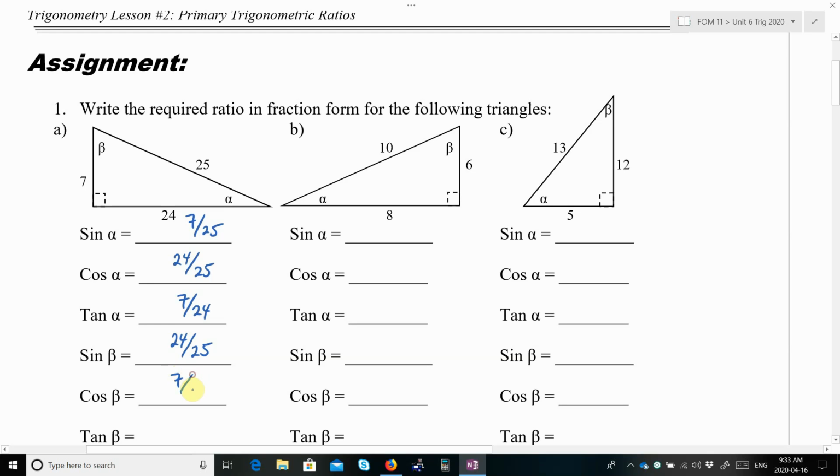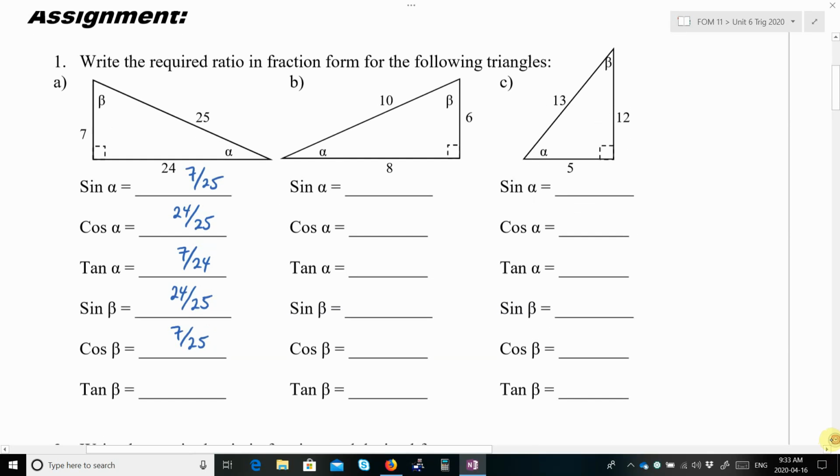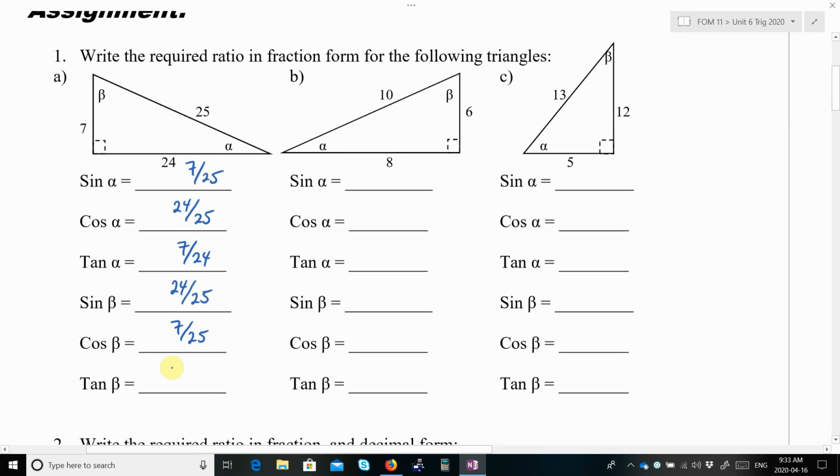Cos beta is 7 over 25, and tan beta is 24 over 7. And letter B here, sine alpha is 6 over 10, cos alpha is 8 over 10, tan alpha is 6 over 8, sine beta is 8 over 10, cos beta is 6 over 10, and tan beta is 8 over 6.